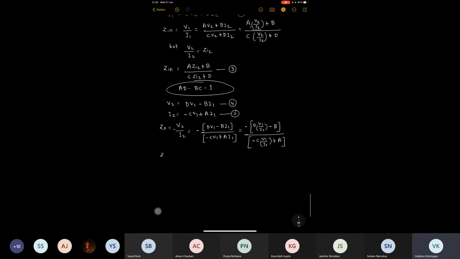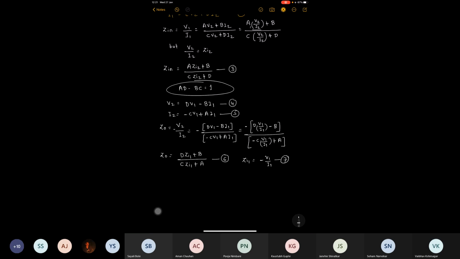So this can be written as ZO is equal to, finally, D ZI1 plus B, by changing the sign, and in the denominator C ZI1 plus A. Let us call this equation number 6. And what is ZI1 actually? ZI1 is actually the negative ratio of V1 upon I1. Let's call this equation number 7.